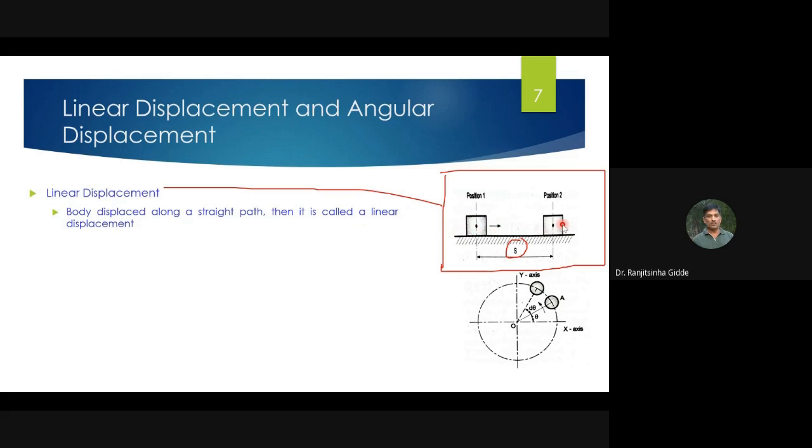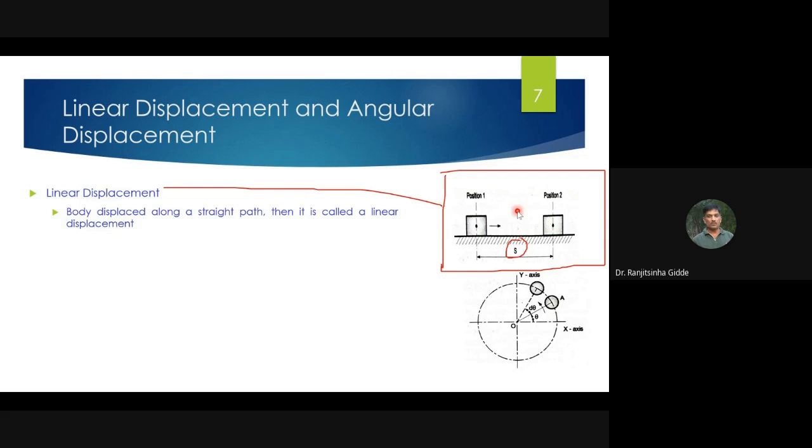What you are observing here, this line indicates position 1, and this body is displaced in this direction and has position 2. This is the straight path, and this is called a linear displacement.